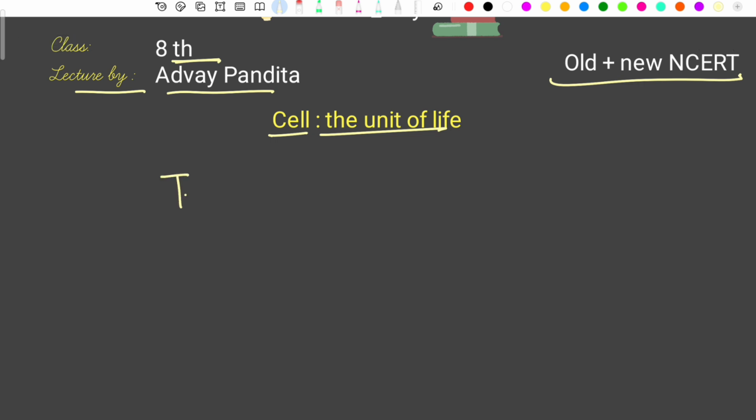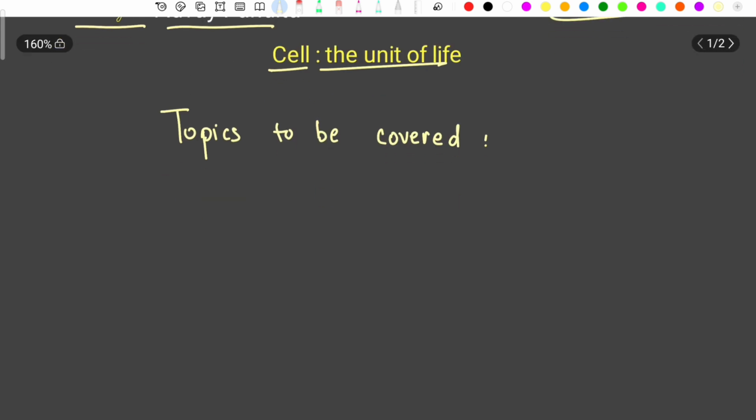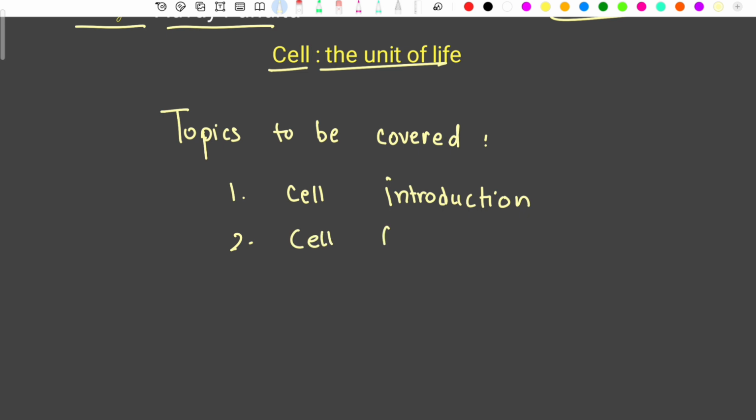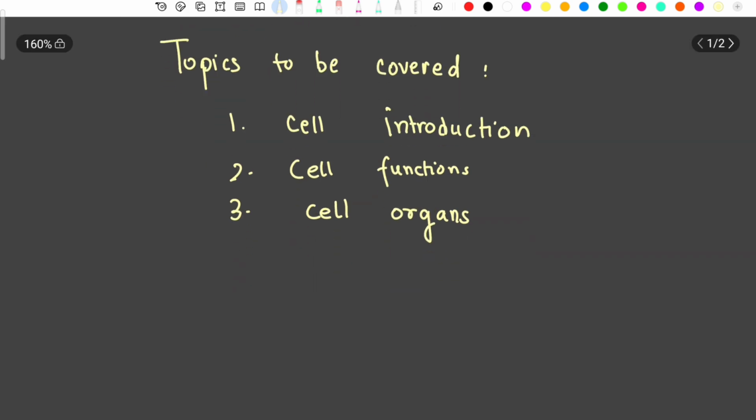So I will write the topics to be covered. There are some topics which we are going to cover. The first one is cell introduction. The second is cell functions. The third one is cell organs. Cell has some functions, cell has some organs. The fourth one is cell division.